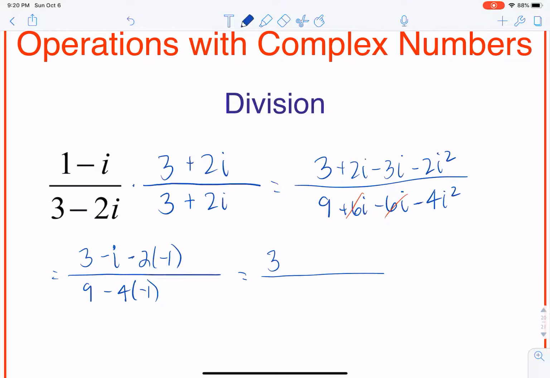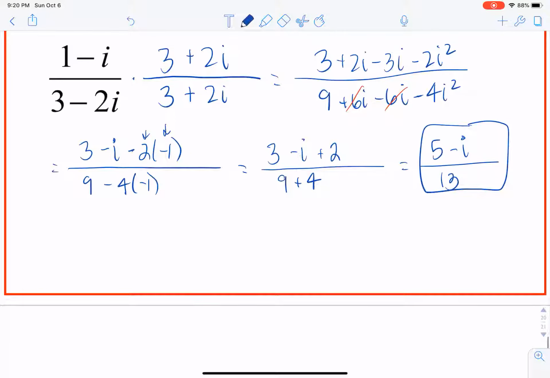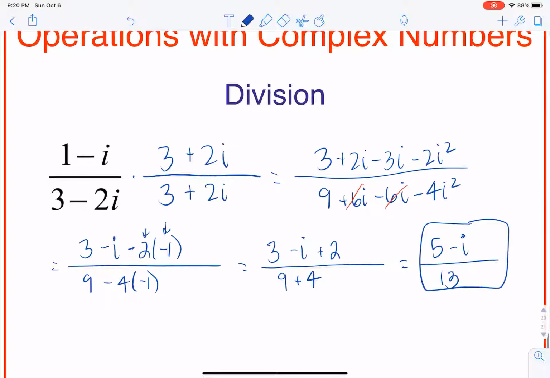This becomes 3 minus i plus 2, because negative 2 times negative 1 will give me that positive. This becomes 9 plus 4. So this turns into 5 minus i all over 13. So just some division with complex numbers.